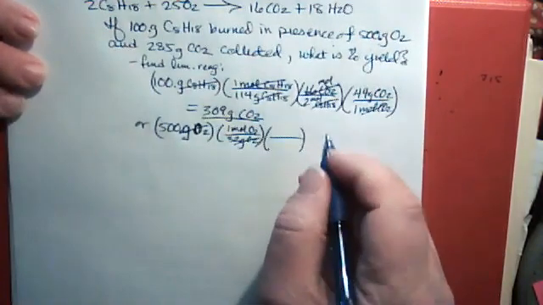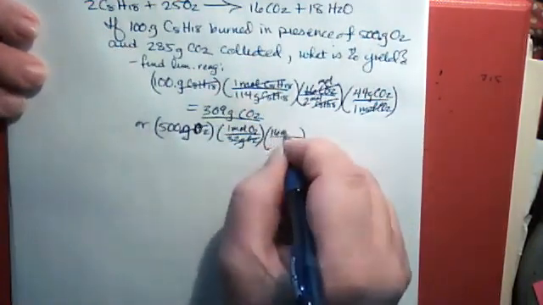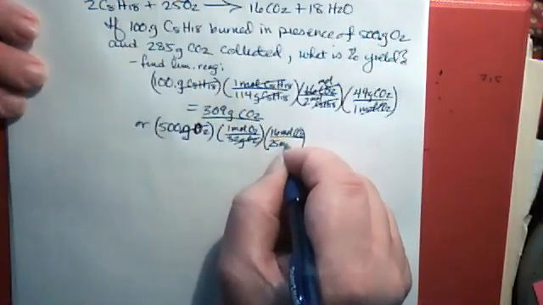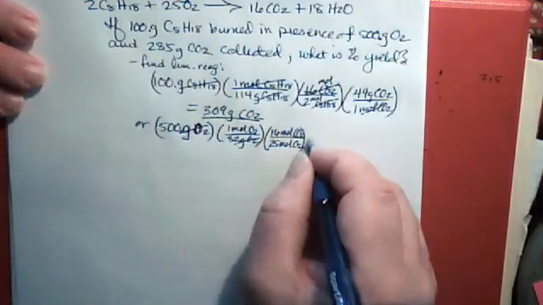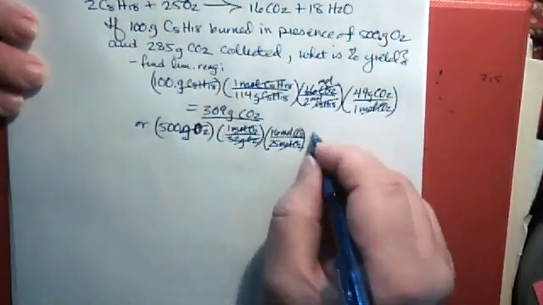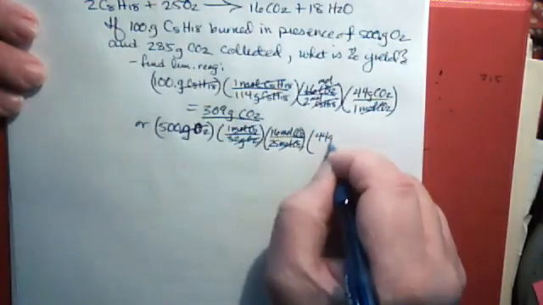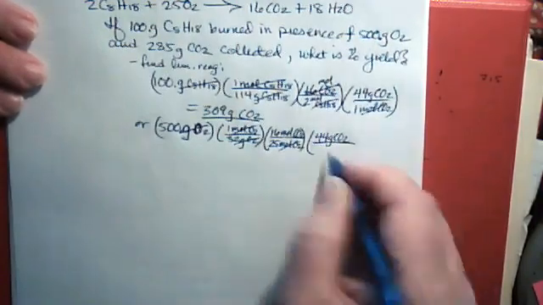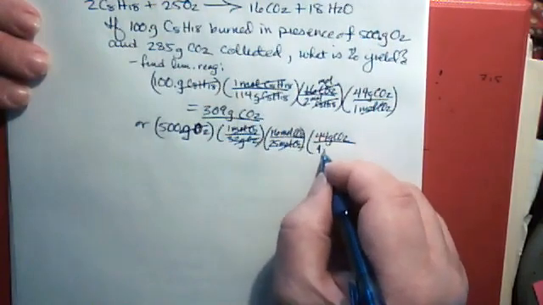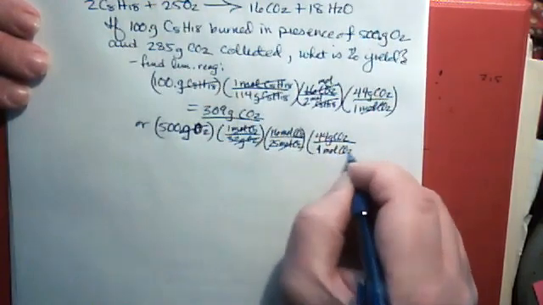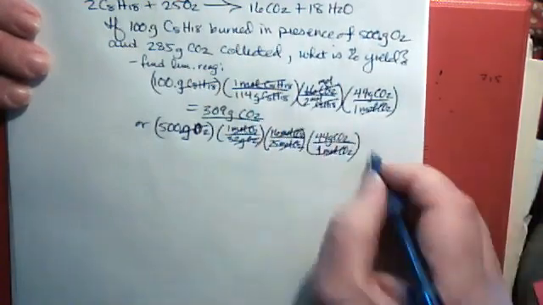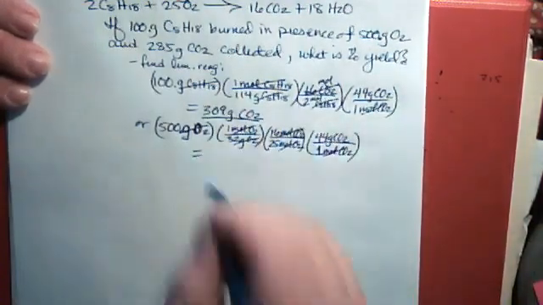And the equation tells us that we produce 16 moles of CO2 for every 25 moles of O2 that go in. So at this point, we have moles of CO2. And each of those moles of CO2 has a mass of 44 grams. And so now we have grams of CO2.